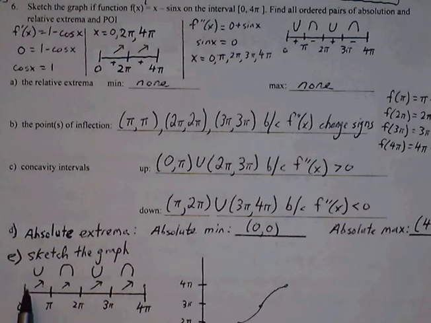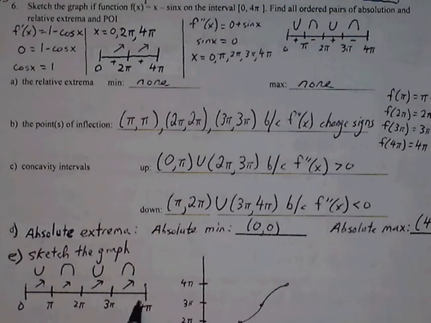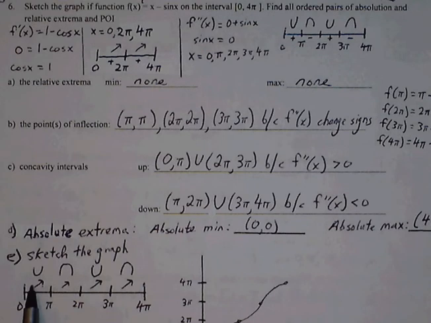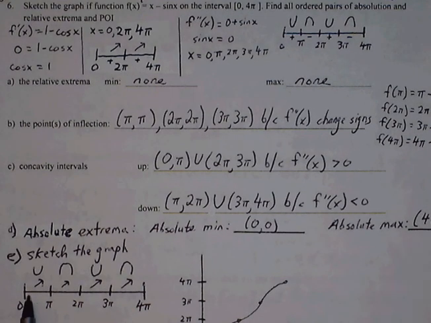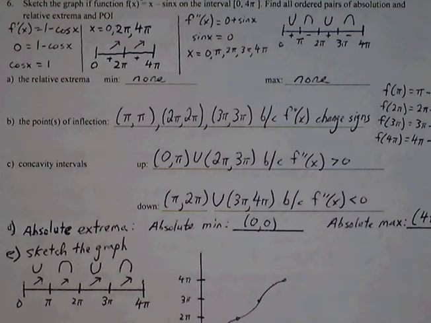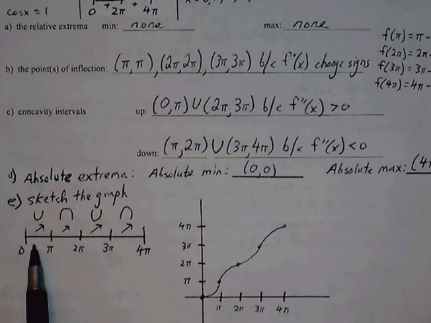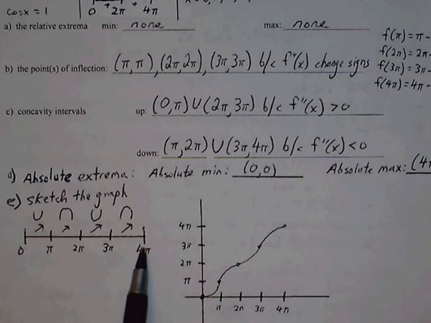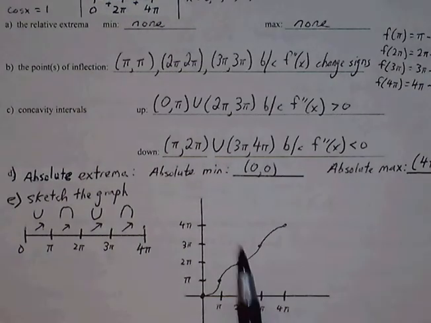Okay. Sketch our graph, but I'm first going to put our slope and concavity on the same sign line, and then I'm going to match it up. Also, I'm going to find the ordered pairs for the endpoints. So if I plug 0 into the original function, I'll get 0. If I plug 4 pi into the original function, I'll get 4 pi.